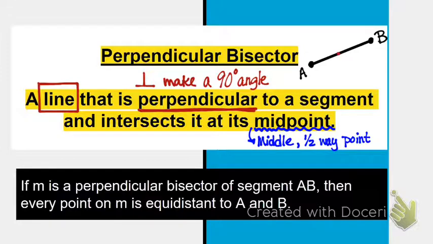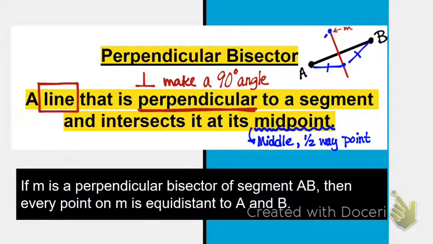So I'm going to do my best to draw this. So there's my line M. Any point on line M is going to be the same distance away from A and B. So these two would be equidistant.